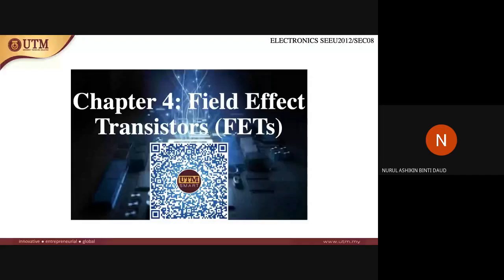Okay. Share screen, present a window. Open this window. Share. Okay, so just now at this slide, right? Handling MOSFET.